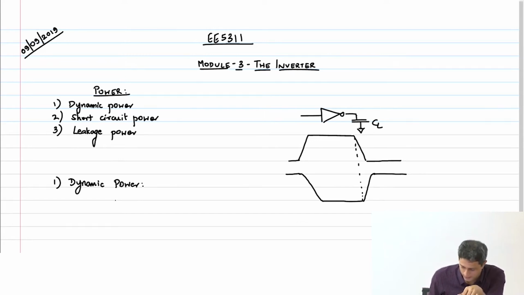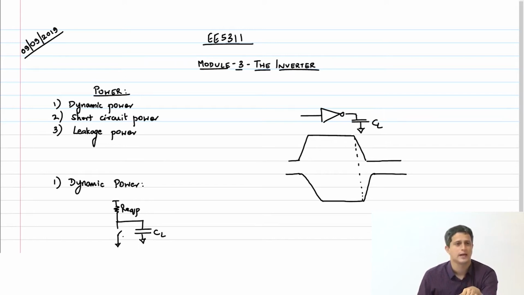we said that when the capacitor has to charge, there is an R equivalent of PMOS which is going to charge like this. And of course the NMOS is cut off. Though I showed in reality that the input has a finite rise time and fall time, here we are assuming that the input rises instantaneously or falls instantaneously, which means that the PMOS is a perfect resistor and the NMOS just cuts off.